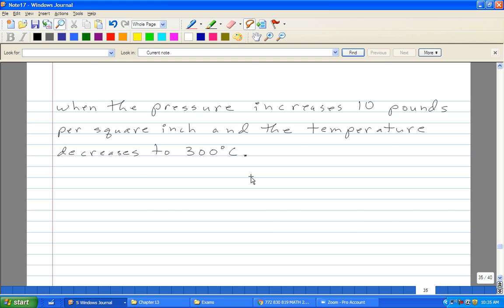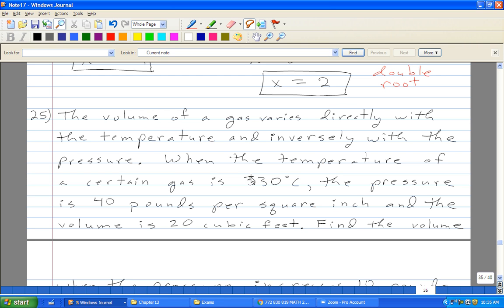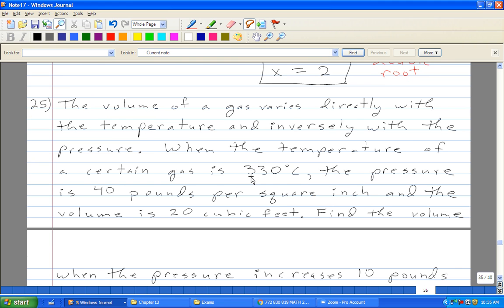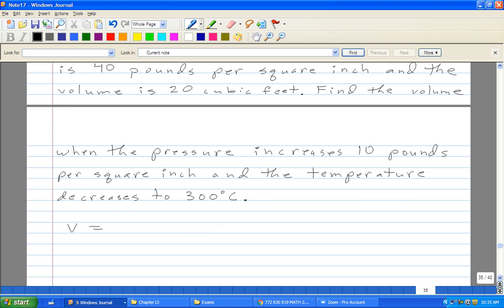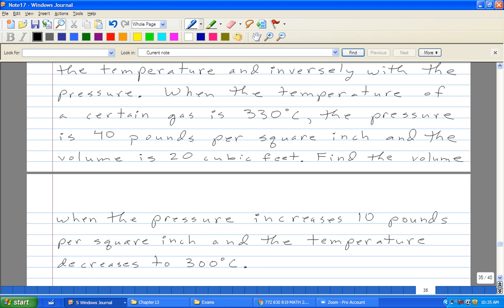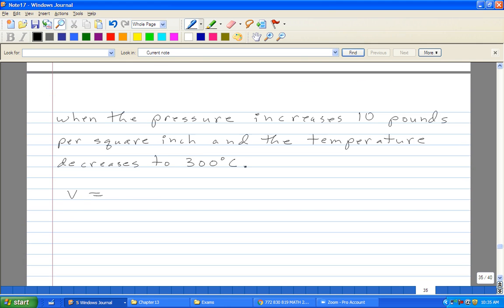Okay, so let me do problem number 25. The volume of a gas varies directly with the temperature. The volume, V, varies directly as the temperature and inversely with the pressure.